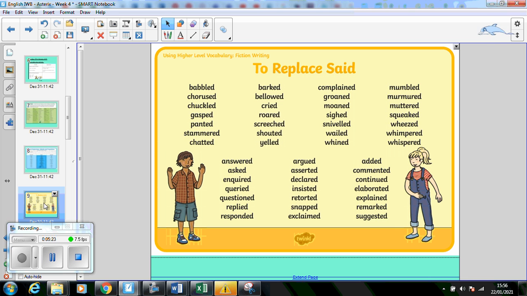And I have also included some verbs to replace said. Okay, and they will help you create a tone and atmosphere for your writing. They will help you have that impact on the reader to tell them a little bit more about what's taking place.